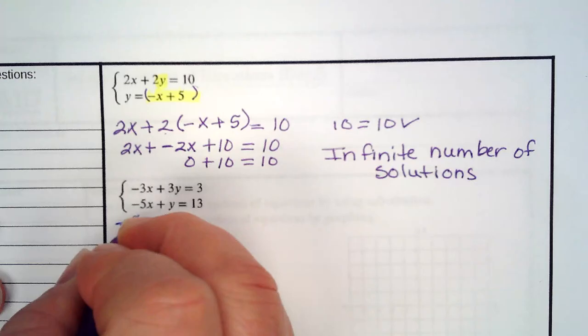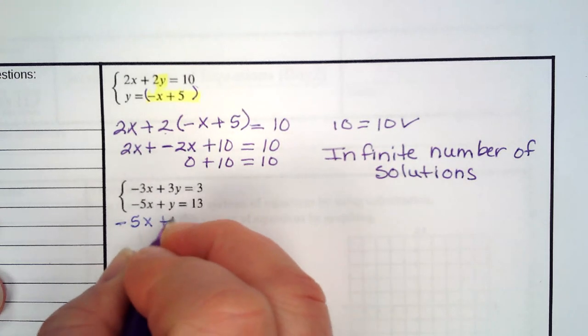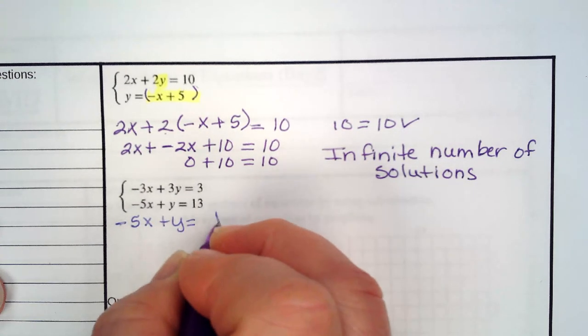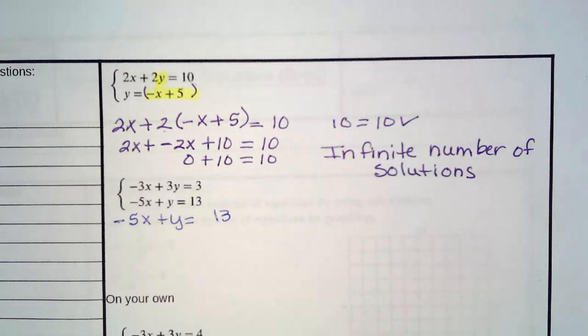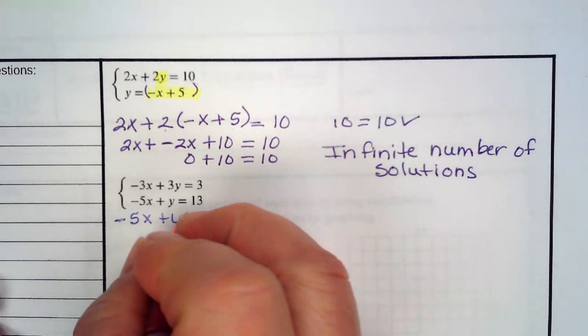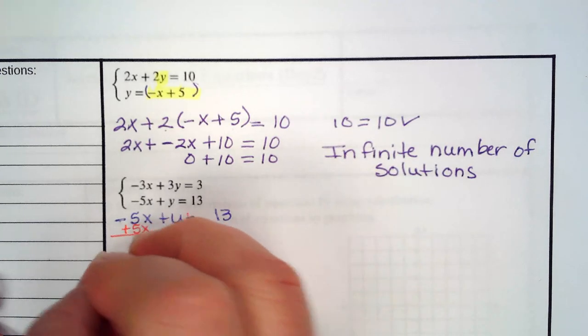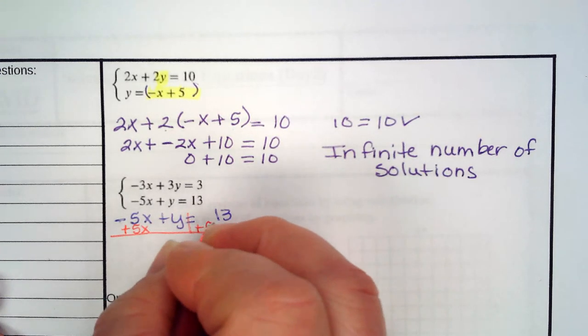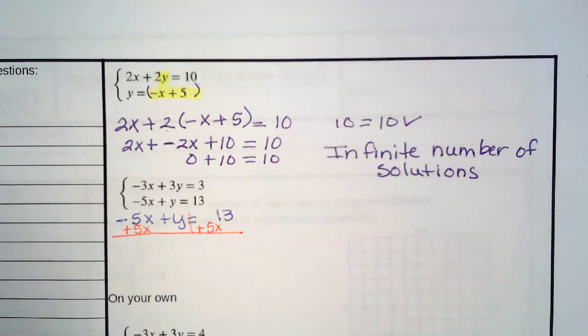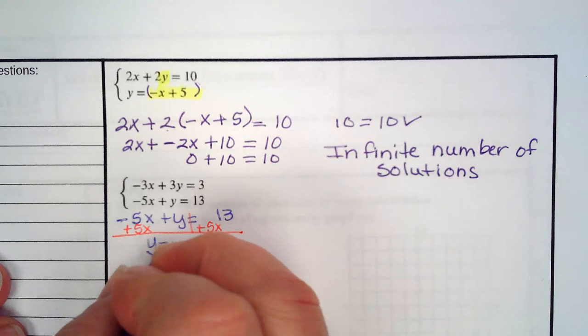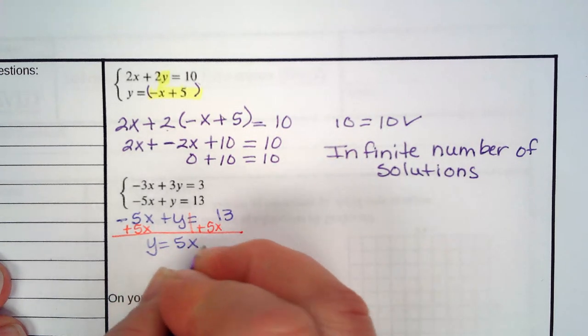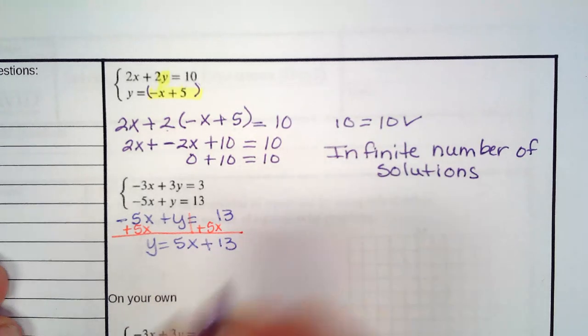So, negative 5x plus y is equal to 13. I have to add 5x to both sides. Y is equal to 5x plus 13.